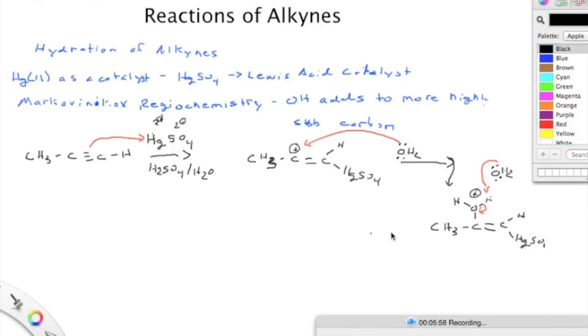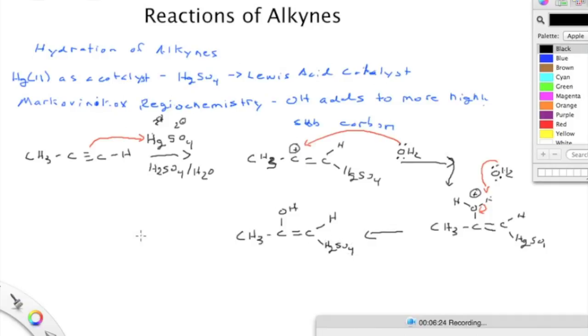And we now form our product. We still have a little bit of the mercury on there.